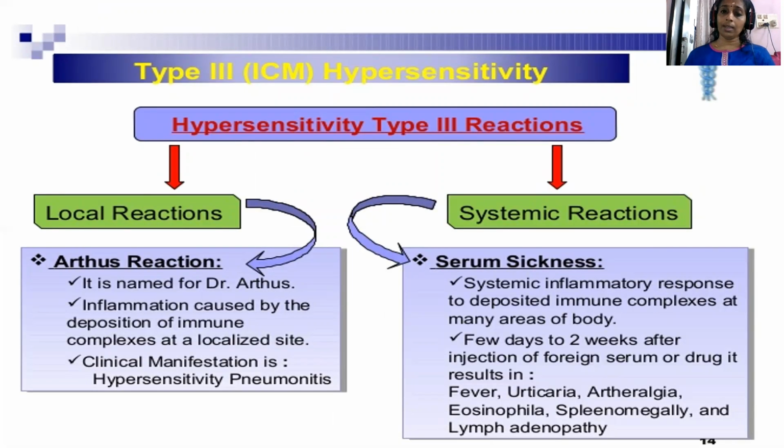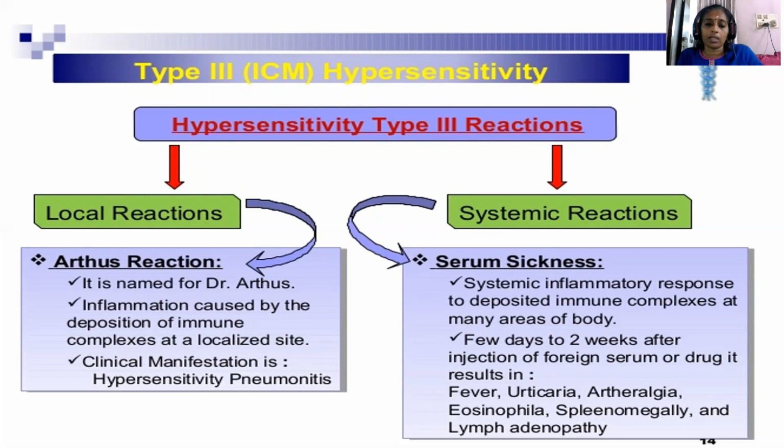As we said before, type 1 includes atopic hypersensitivity and anaphylaxis reactions. In type 3 also we have two major types of hypersensitivity reactions, local and systemic. The Arthus reaction, named after Dr. Arthus, is an inflammatory reaction.